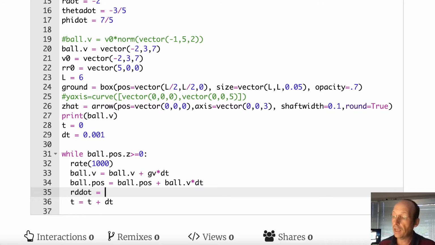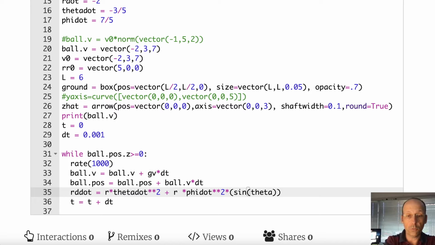Looking at my equation where I calculated r double dot in terms of theta and g, it's going to be r times theta dot squared plus r times phi dot squared times sine of theta squared minus g times cosine theta.